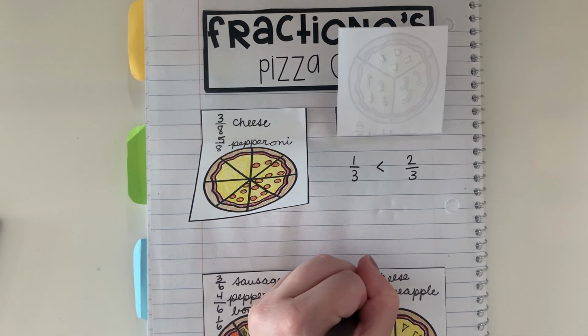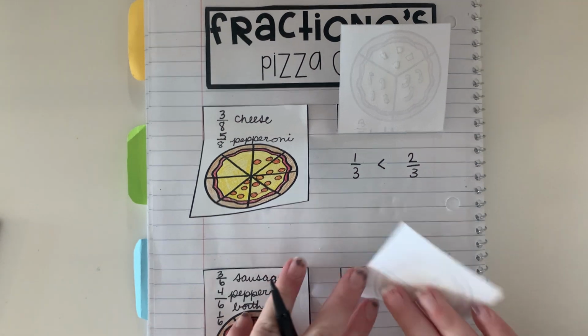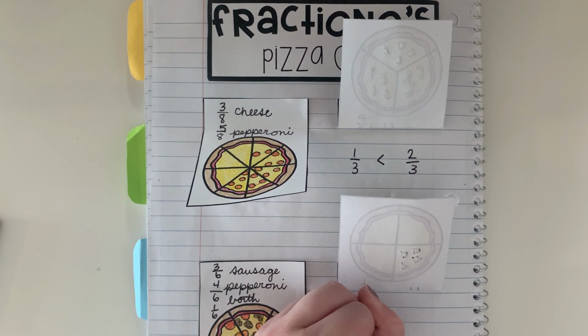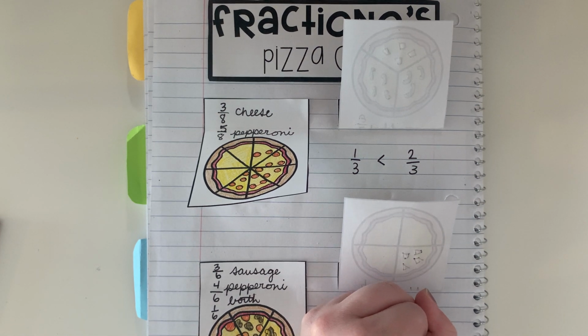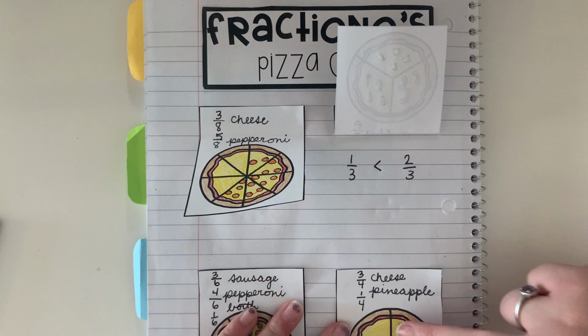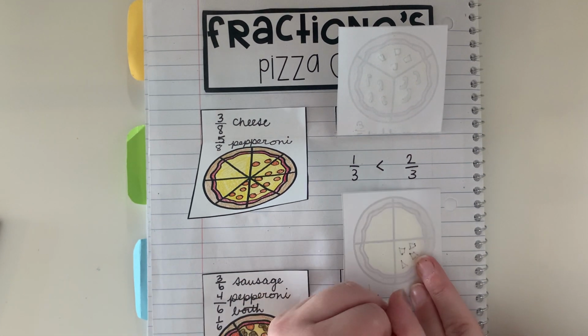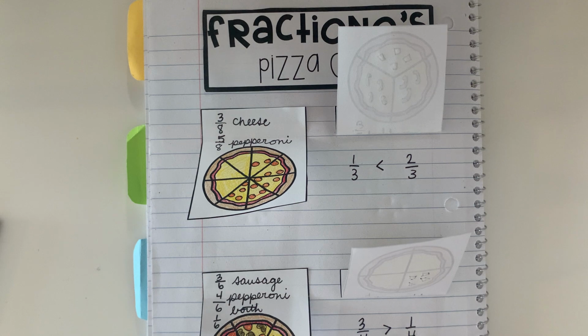And I have 1 out of 4 that's pineapple. So my fraction is going to be 3/4, 1/4, and 3/4. So this much is a lot bigger than that much. So 3/4 is greater than 1/4.